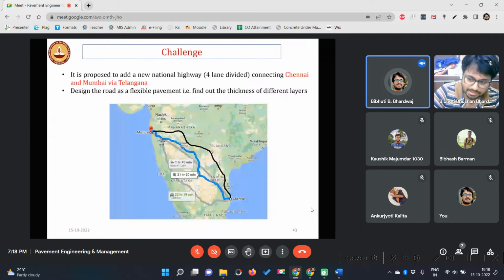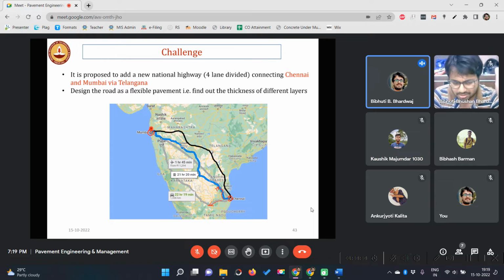So this is how these things are done. Okay. So now this is the challenge. So this is Chennai, where I am sitting now. This is Mumbai. So already some roads are there. You can see existing roads like this, like this. But I want to construct a new road. A new road connecting Chennai to Mumbai.